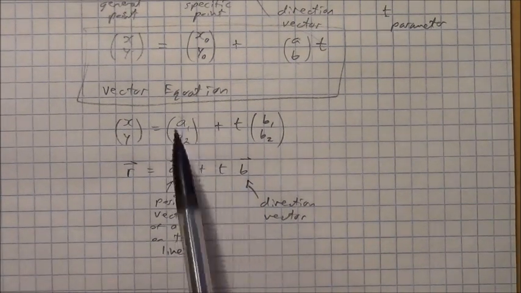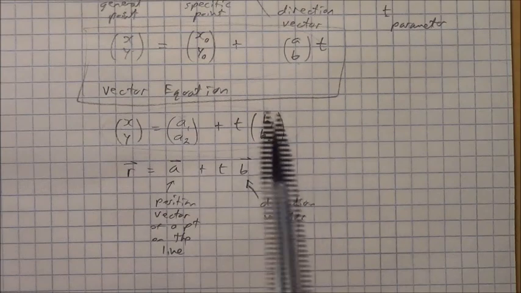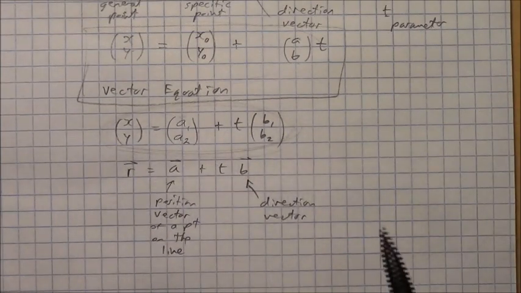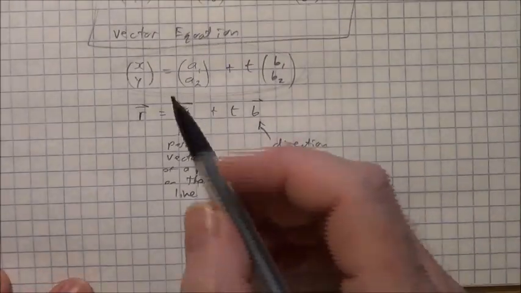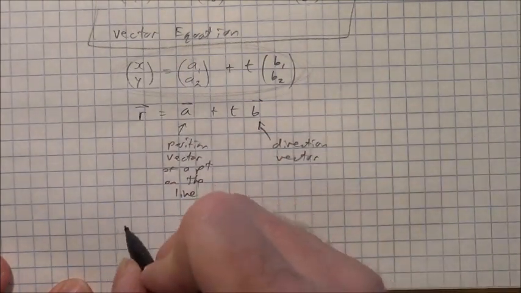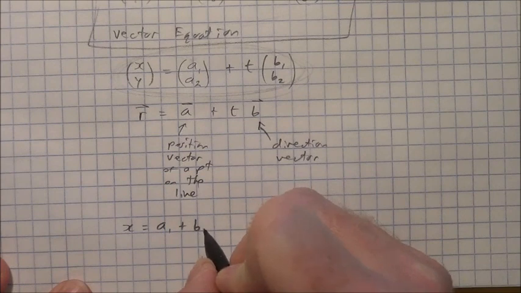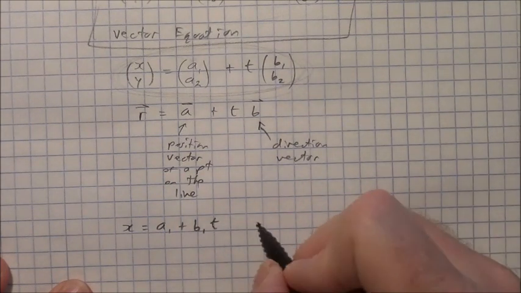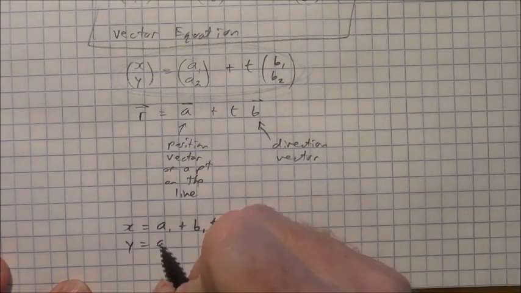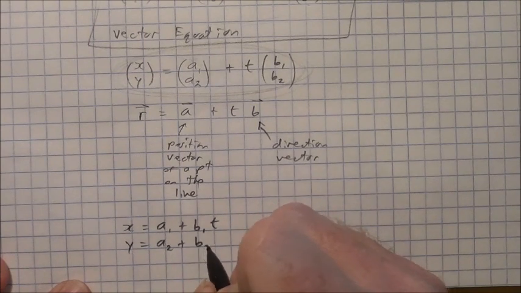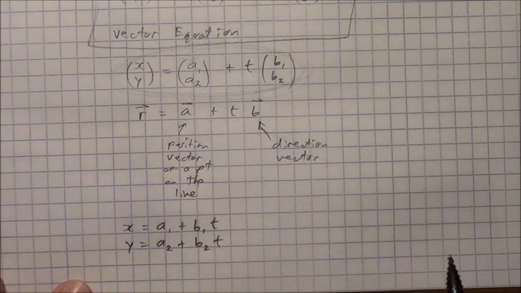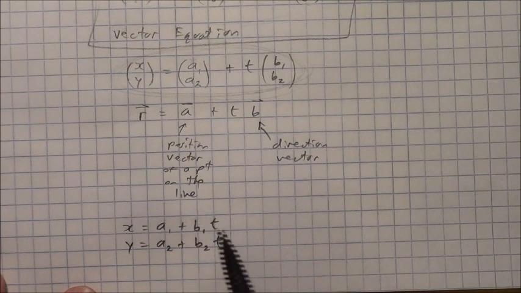If we change this vector equation into the parametric equations, we just isolate things. We get x equals a1 plus b1t, and y equals a2 plus b2t. We can isolate t in both of these equations.